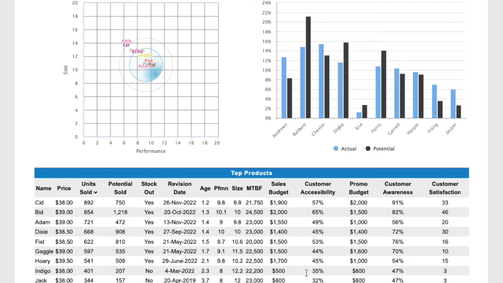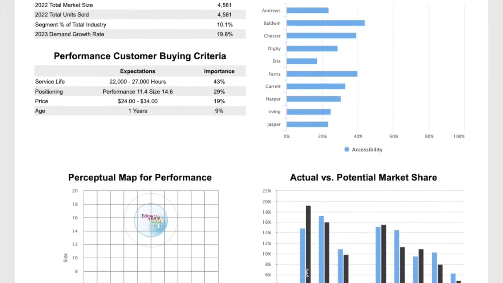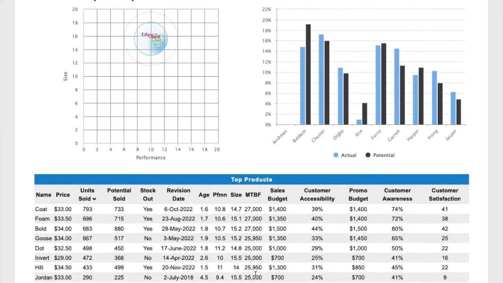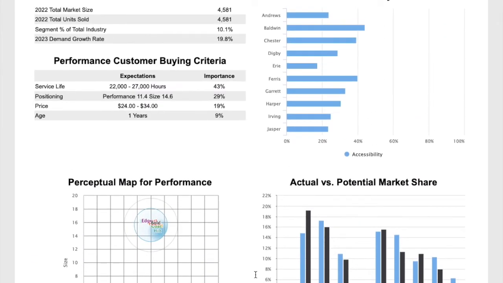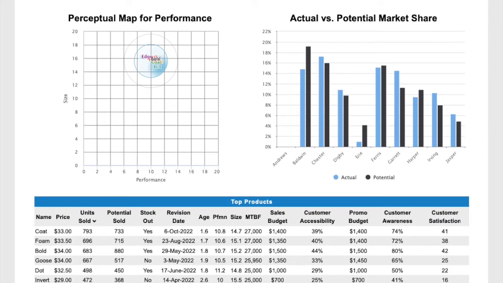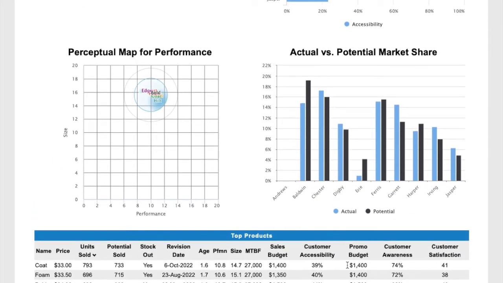And let's see, next one we have performance. That's pretty good, looks pretty good. Okay, looks like most of you are pretty good at the promotion budget, not really spending an excessive promotion budget.